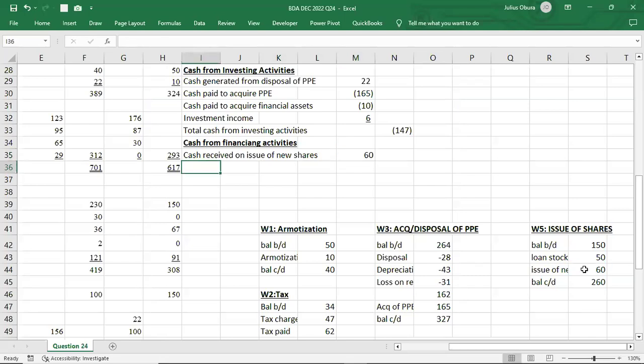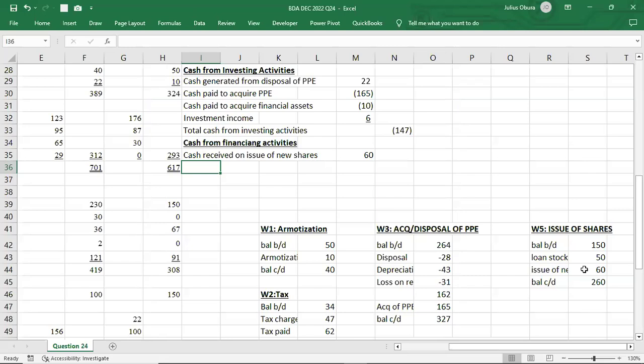When we buy shares, we are paying, so it is a cash outflow. When we issue shares, we are being paid, so it is a cash inflow. So that is our ordinary shares.